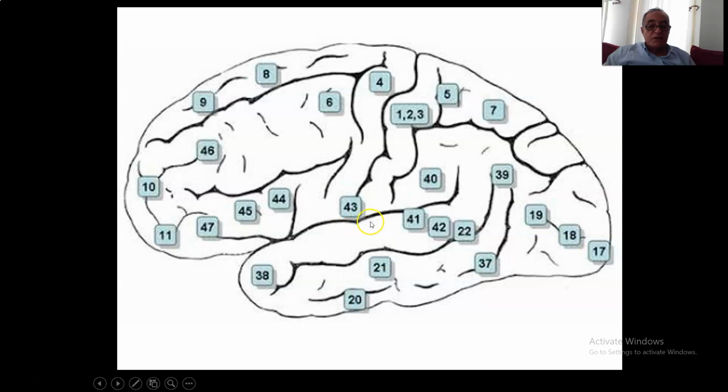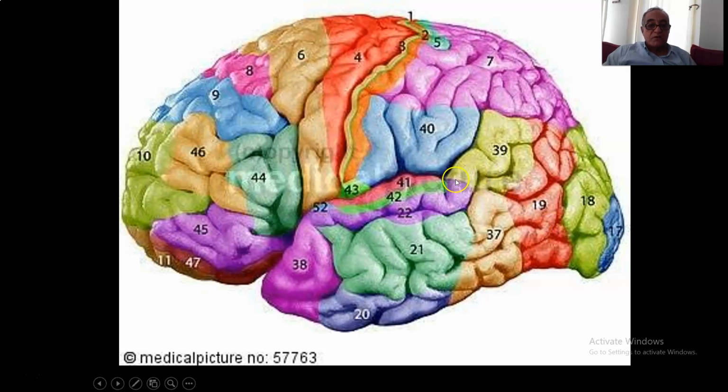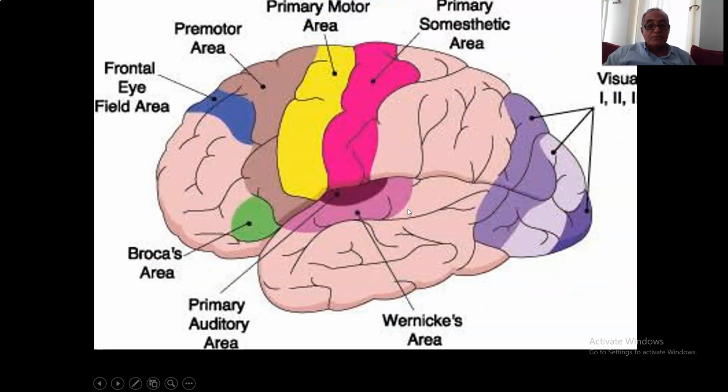And this is area 41-42, Heschl's gyrus, and this is posterior, the auditory association area, what we call Wernicke's area, and this is the sensory area 3, 1, 2 in the postcentral gyrus, and this is the sensory association area in the supramarginal gyrus, and this is the angular gyrus, and this is area 17, visual, and the visual association area.